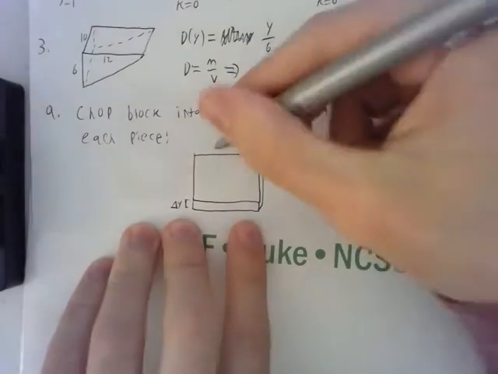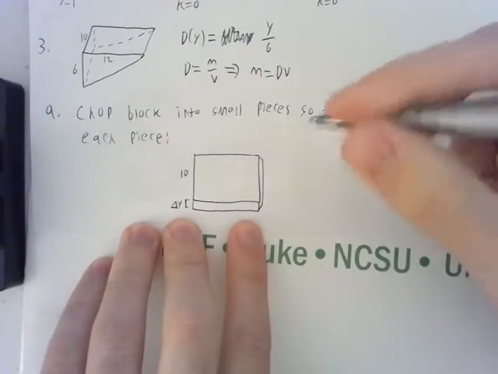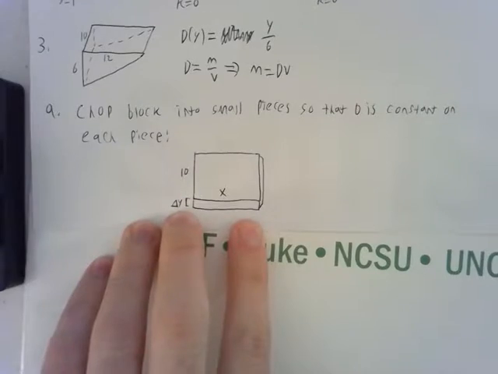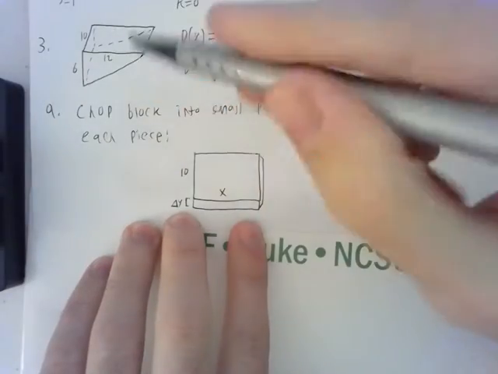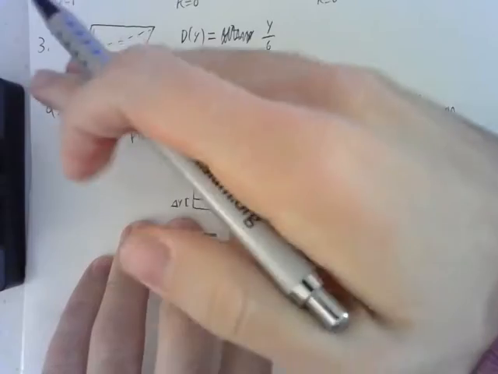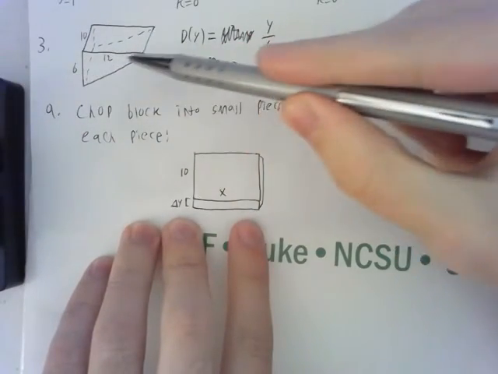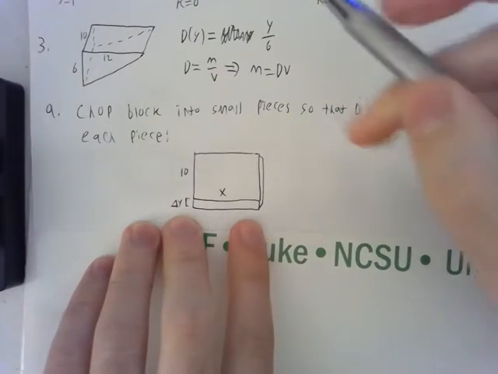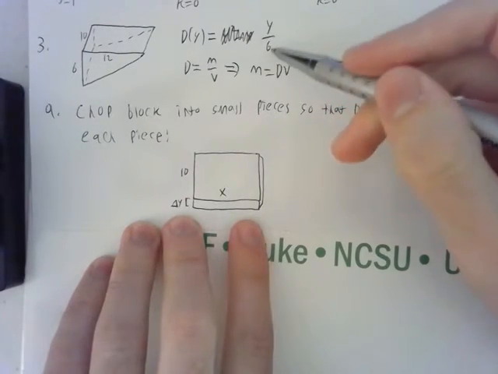This side will be 10, but this side actually is unknown to us. It's something x. The reason is that we're getting these rectangles by taking horizontal slices of this object, because within a horizontal slice, the density doesn't really change, since the density only depends on y, the vertical height.